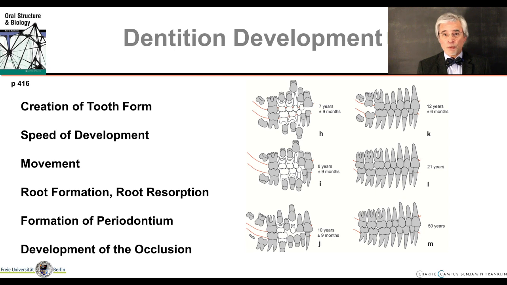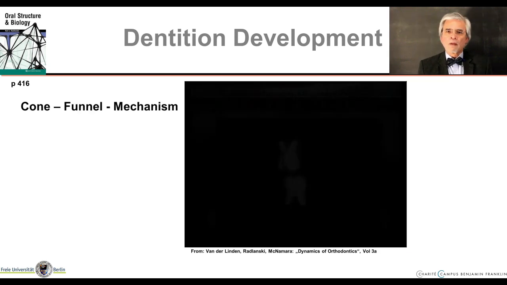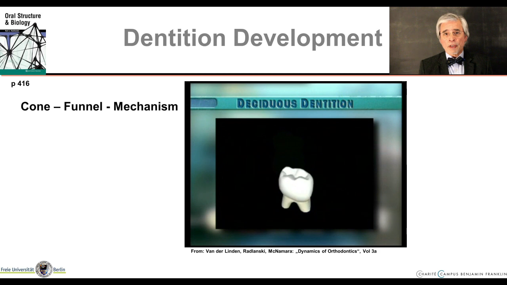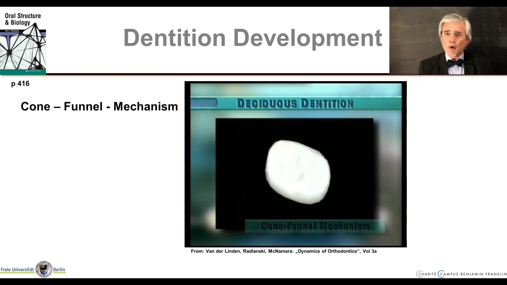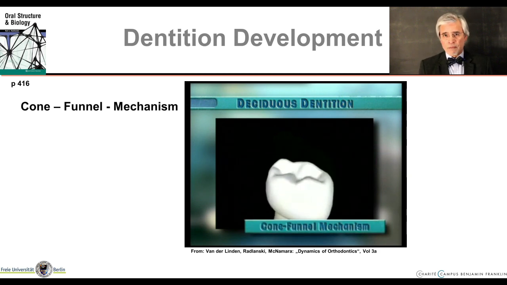And towards the end of tooth eruption, occlusal interdigitation is established, which is when the teeth have to come into contact with their antagonists, pretty much very exactly. The teeth are guided into their occlusal interdigitation by the so-called cone funnel mechanism.